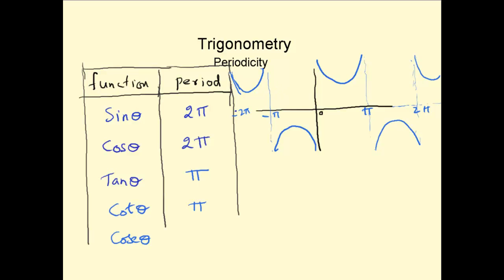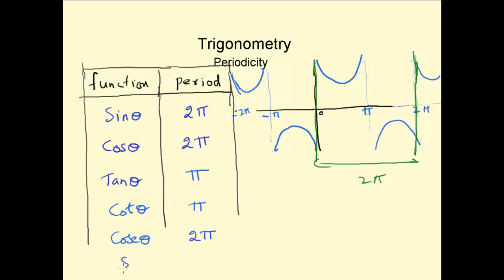Let's see what is the period for cosecant theta. These two parts of the curve repeat themselves. So the period would be from this part of the curve to this part of the curve. It's exactly repeating. So the period is here to here, which is 2 pi. So the period for cosecant theta would be 2 pi radians.